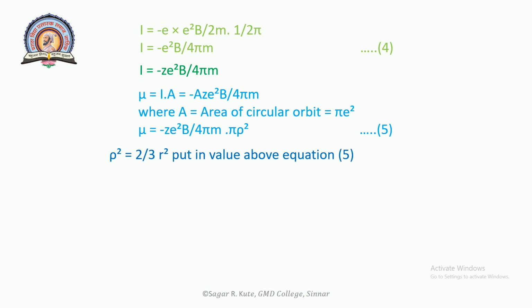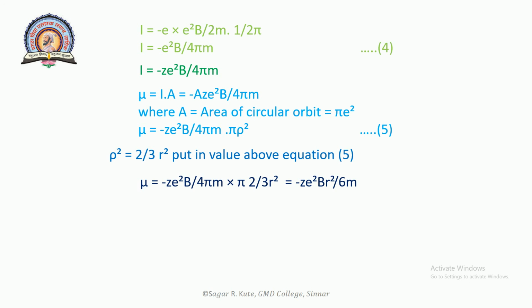Then rho square is equal to 2 by 3 r square. Putting this value in the above equation 5, mu is equal to minus Z e square B upon 4 pi m into pi 2 by 3 r square, that is equal to minus Z e square B r square upon 6m.